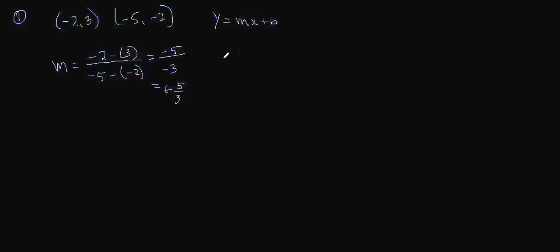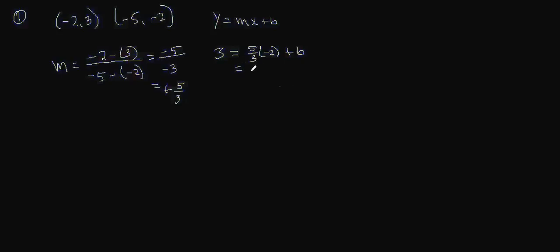Here it doesn't matter which point we choose. I will choose (-2, 3), so my y value will be 3. My slope is +5/3 times the x value, which is the -2, plus the unknown b.